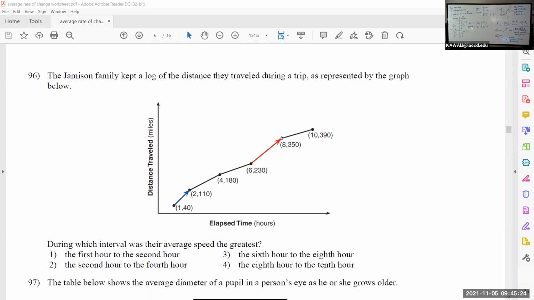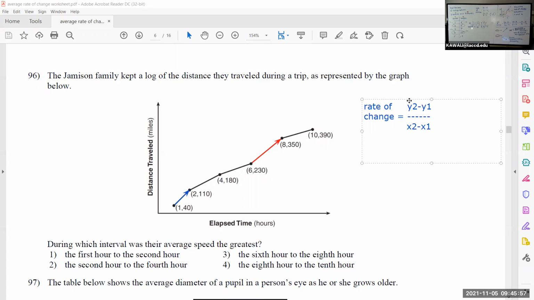So if they're close, what you can do is, again, compute the rate of change by using the formula y2 minus y1 over x2 minus x1.